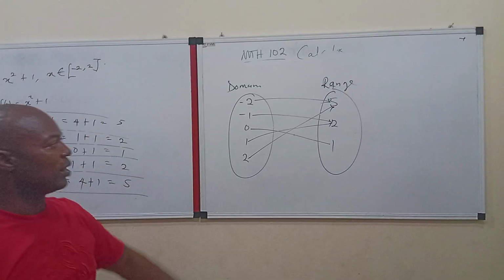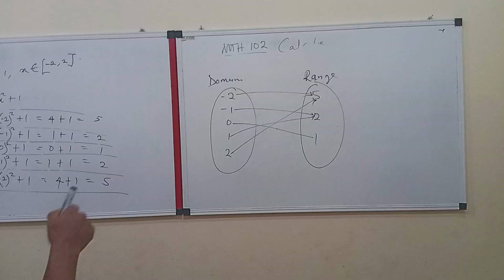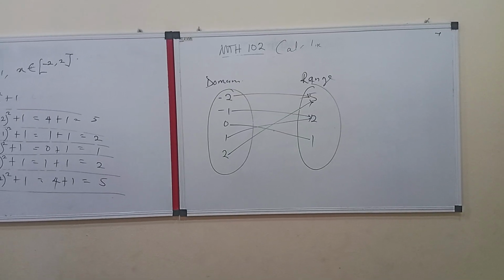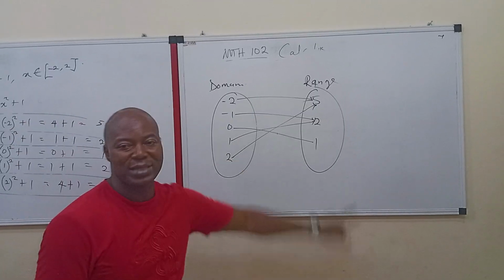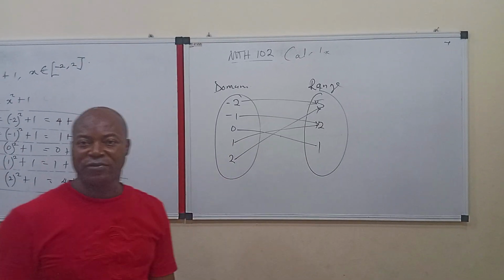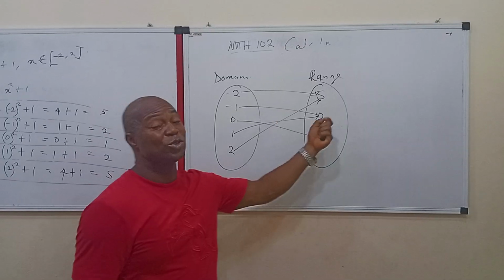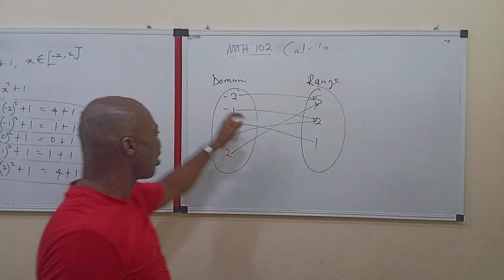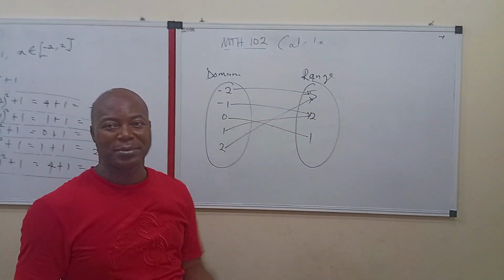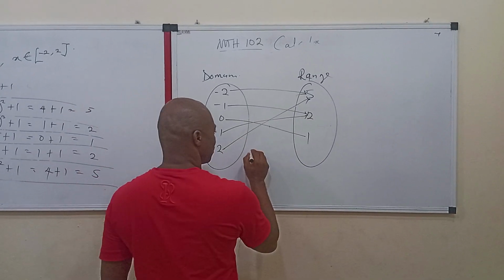Now, what do we call this one? Is this a function? Yes, it is a function. It's a function because all the domain values are mapped out and they all have unique values, though not in a one-to-one correspondence. So this is also a function.